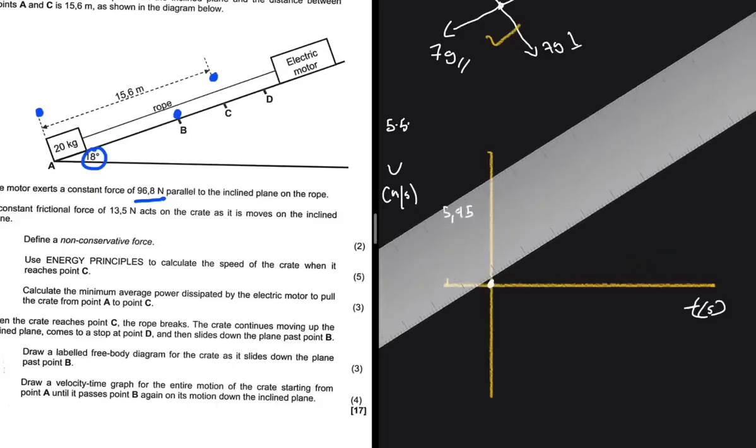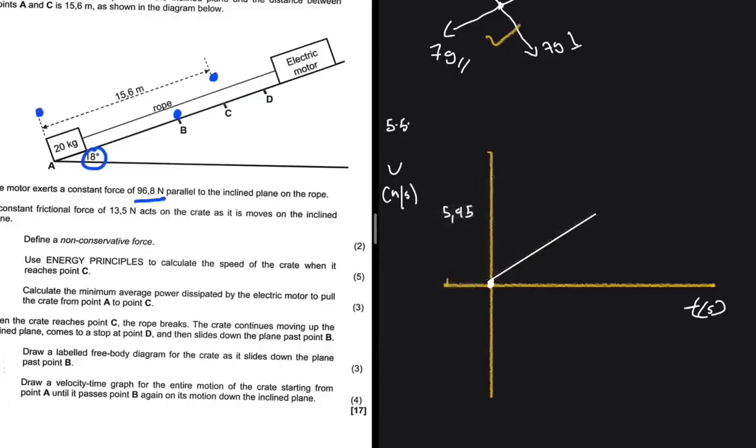And then let's have our VT graph. There we go, to 5.95. And then what happens after we reach a velocity of 5.95? The rope breaks, and when the rope breaks, we no longer have that force pulling our object.